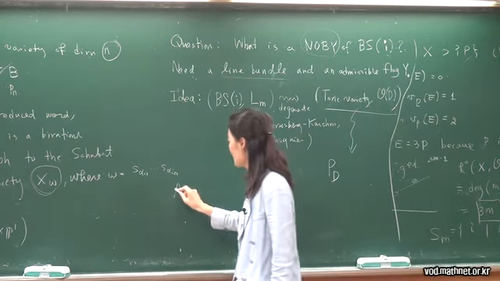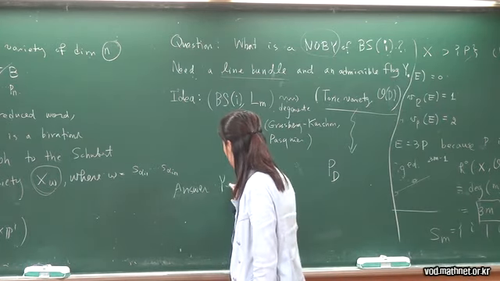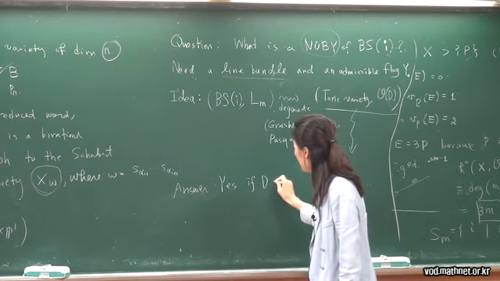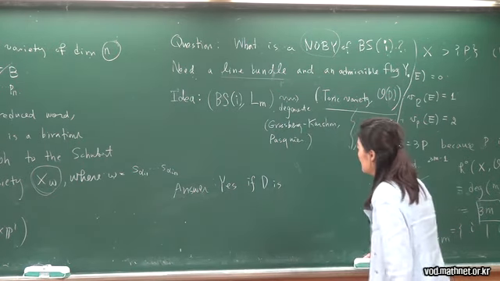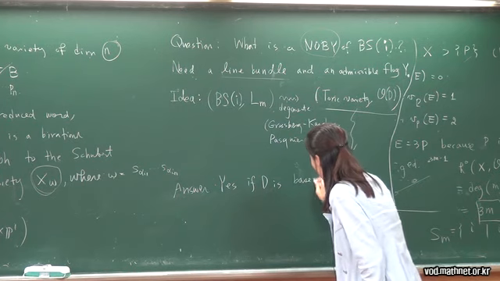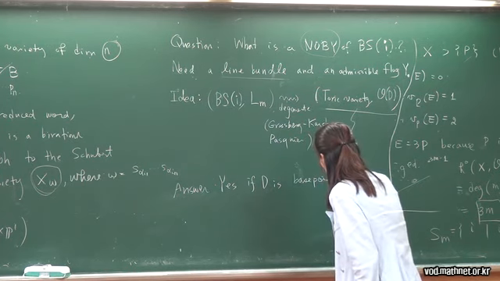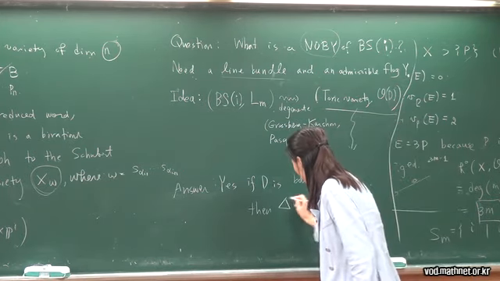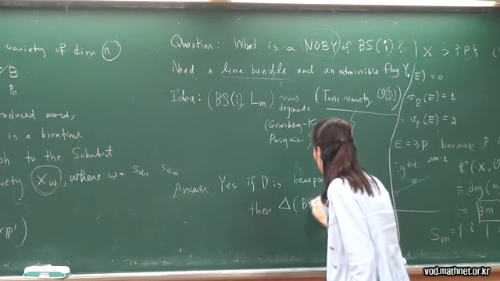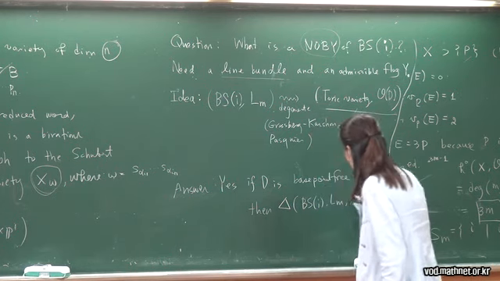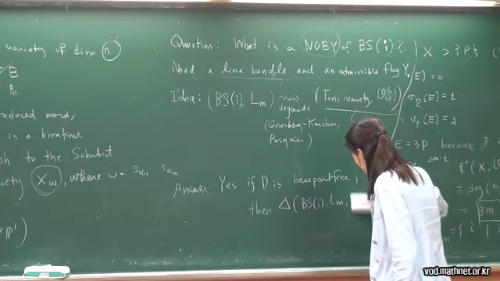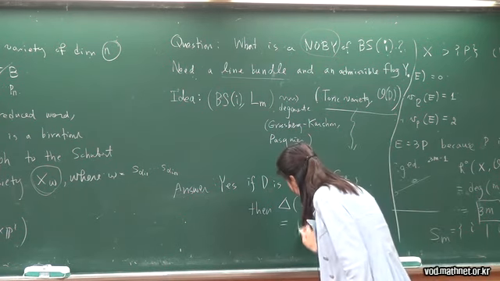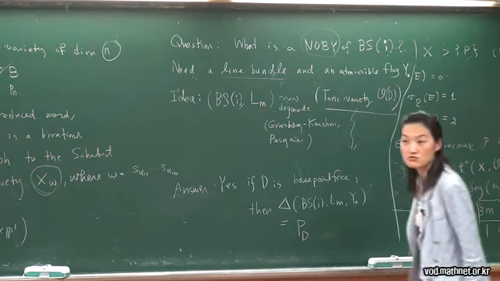And the answer is yes, if this D, or the degenerated line bundle, is base point free, then there exists a certain flag, an optimizable flag, such that the Newton-Okounkov body of the Bott-Samelson variety with this line bundle is this Newton polytope.